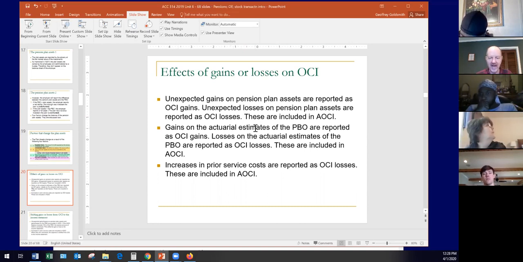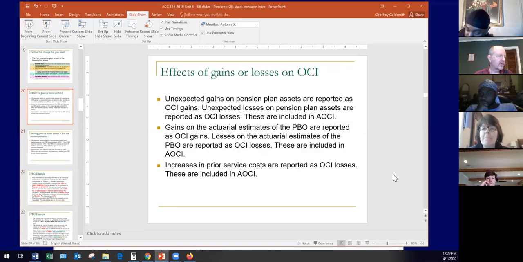They take the actual, remove the unexpected from it, and that leaves the expected gain or loss. We'll come back to that when we get to some of the numerical examples.